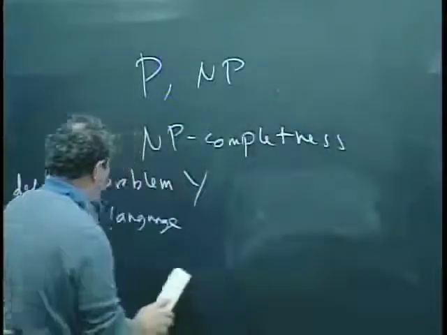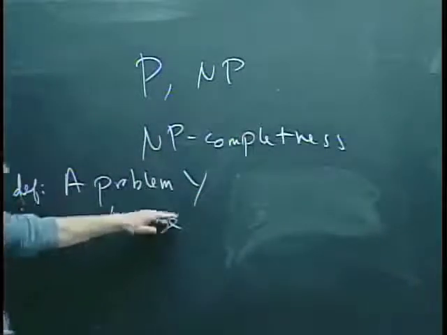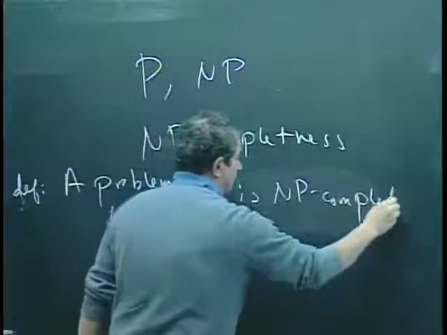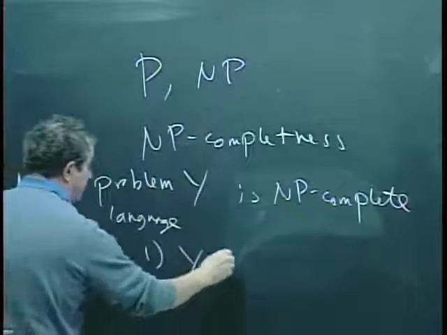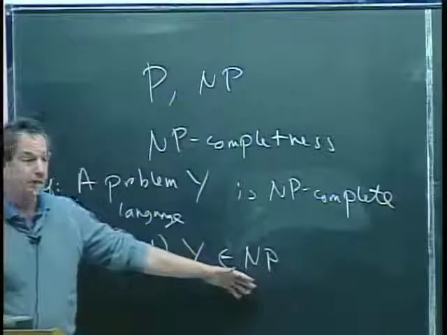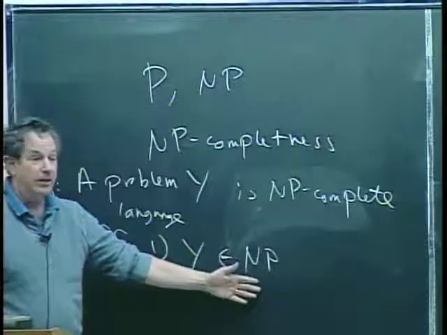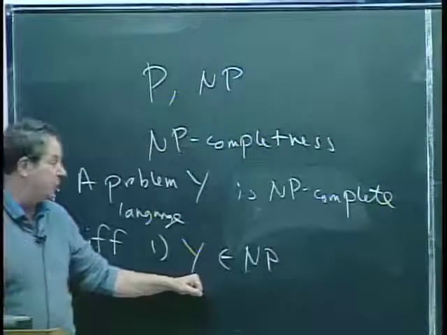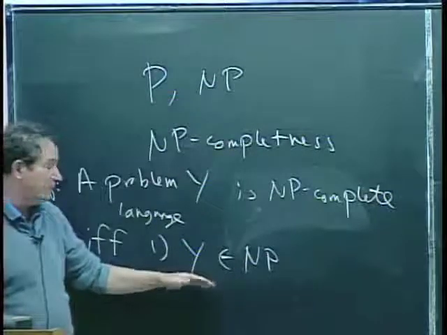So at any rate, that's from the view of problems as languages. So a language Y is NP-complete if and only if two things. First of all, that language or problem has to be in NP. And last time, we spent most of the lecture defining formally what it means to be in NP, which means informally that for any instance of problem Y, if you have a proposed solution, there's an algorithm that runs in polynomial time that can look at that proposed solution and decide whether it's a real solution.